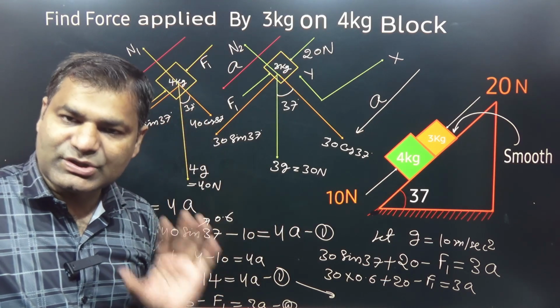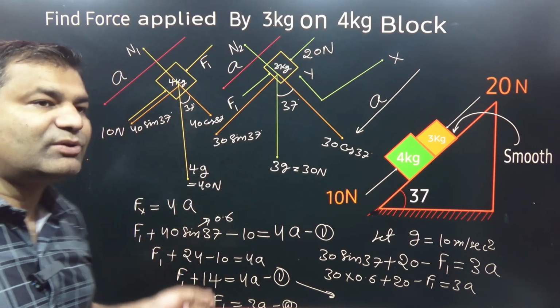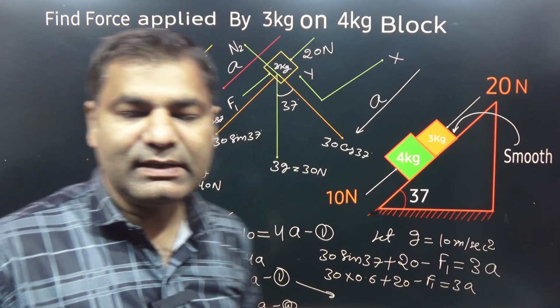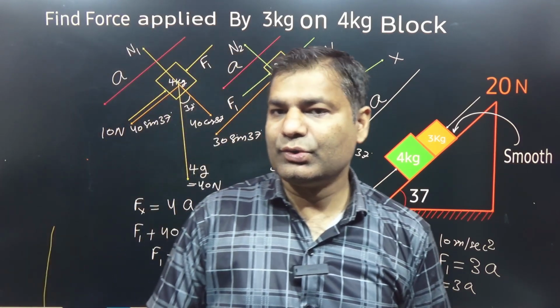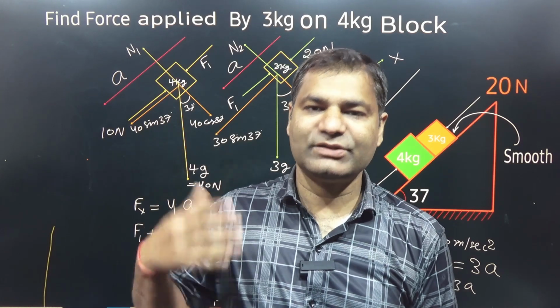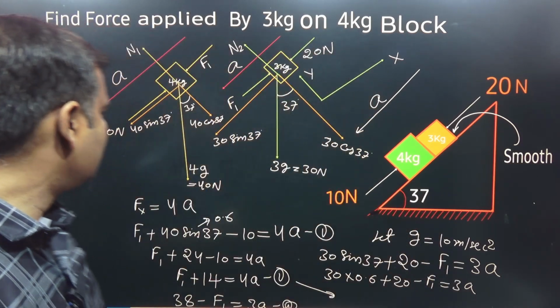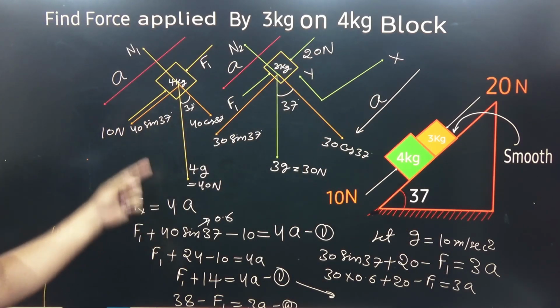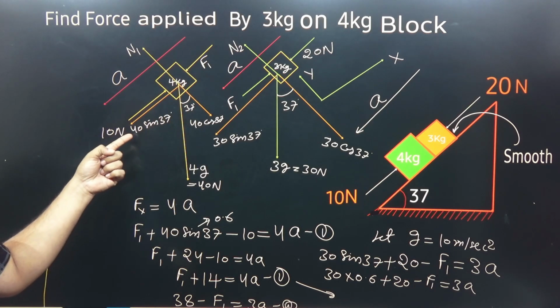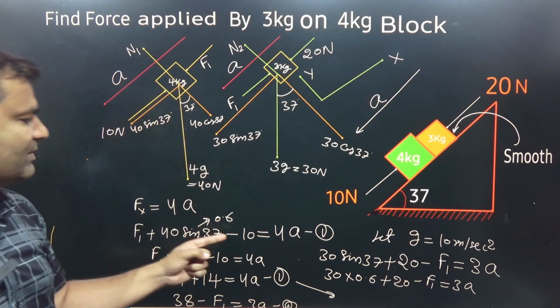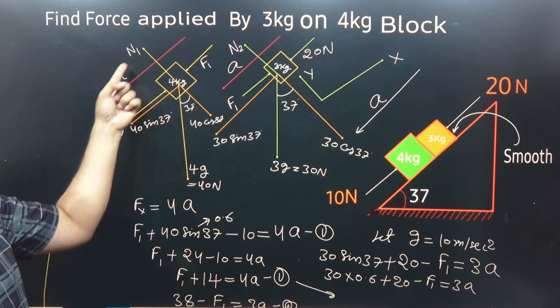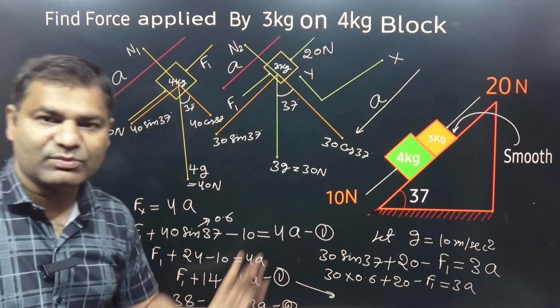According to Newton's second law, the unbalanced force equals mass into acceleration. Mass is 4, acceleration is A. So in the x direction, F1 plus 40 sin 37 and that 10 Newton in the opposite direction, so minus 10, equals 4 into A. Clear? Equation number 1.